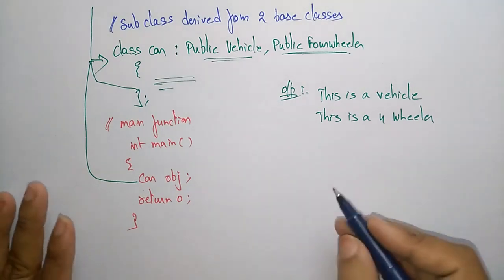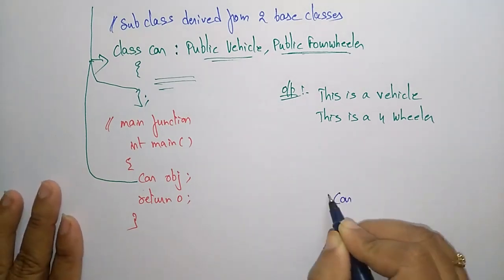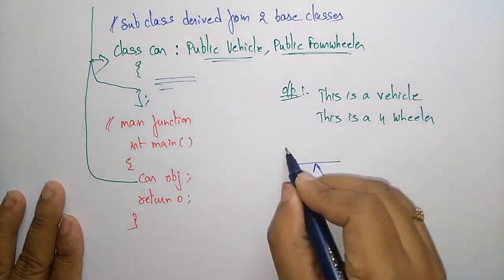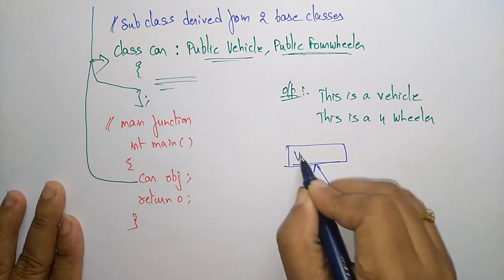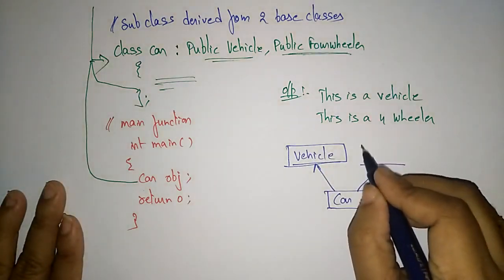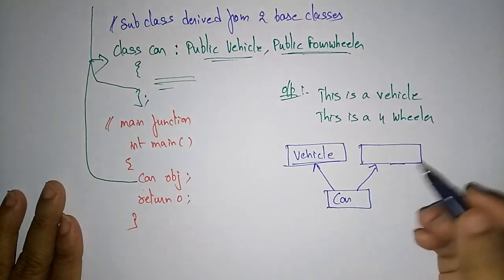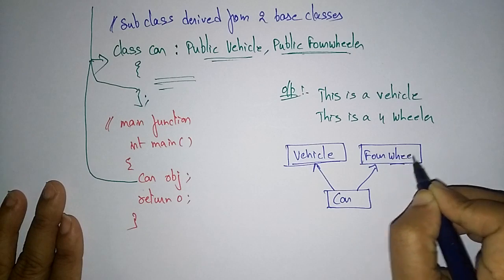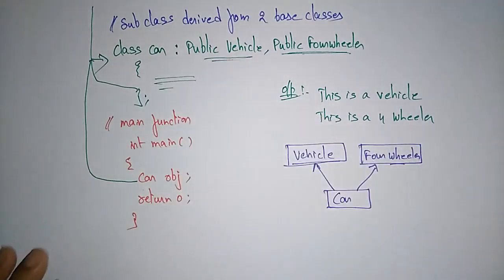So what is it saying here? Here the car is the subclass inheriting the properties of the base class vehicle, and the same way the base class four-wheeler. So for this I had written the program.